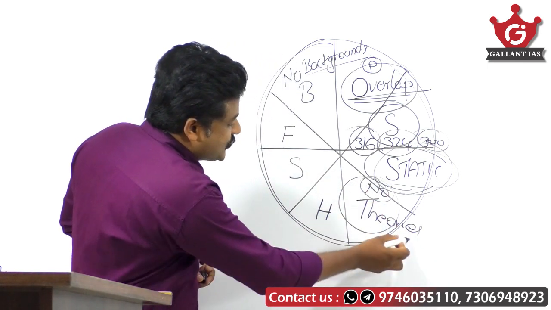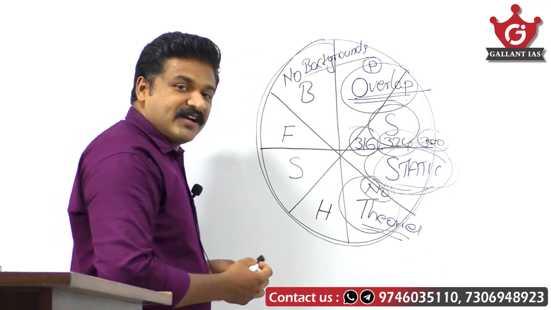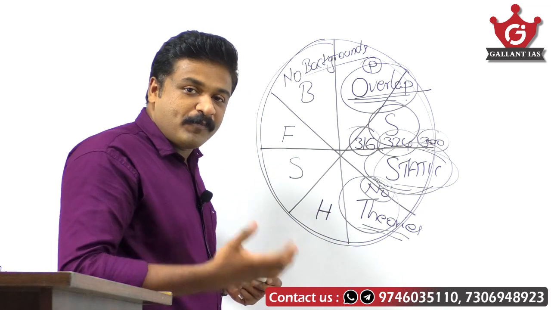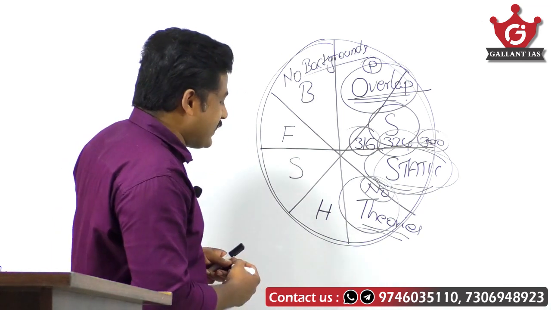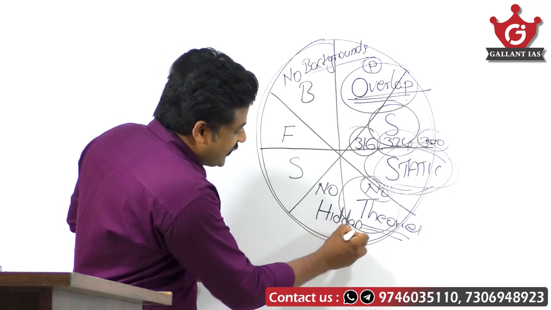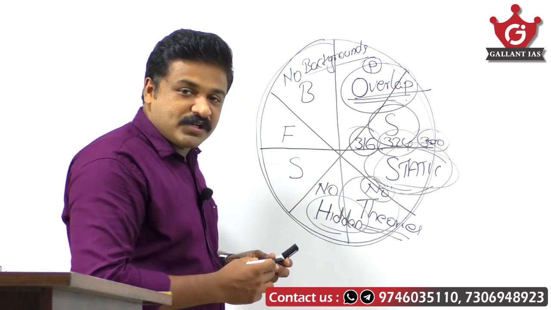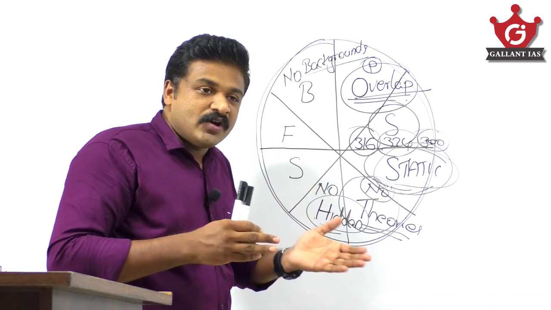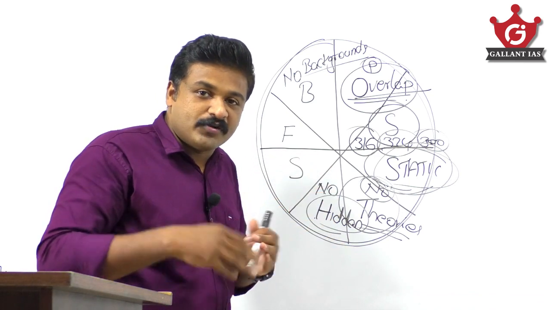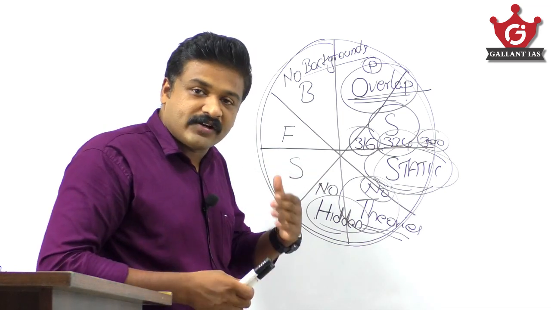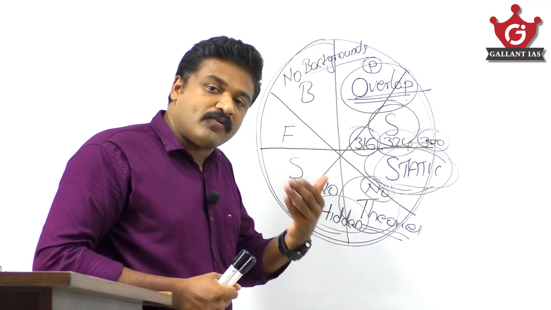No hard theories, no hard formulas here. It's very easy to learn. It is very easy to prepare history optional for your mains examination. No hidden areas are there. In some optionals, even though UPSC has given a small syllabus, when you get into learning that optional, you have to learn a lot of books, refer to lots of reference books, and read lots of other books.